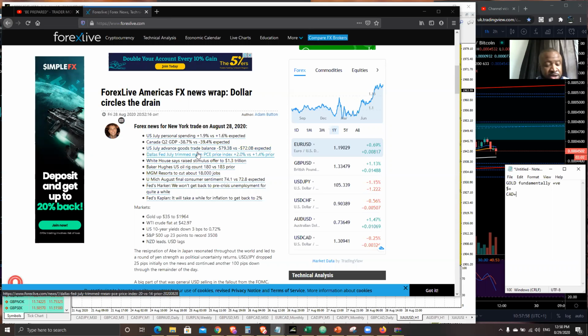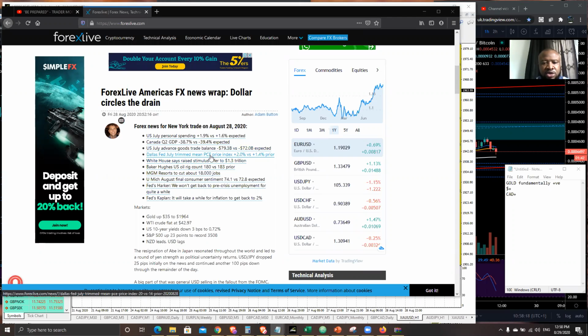US July advanced goods and services minus 79.3 billion versus minus 72 expected. That is trade balance. It wouldn't really have much effect on Forex, but it's good to know.